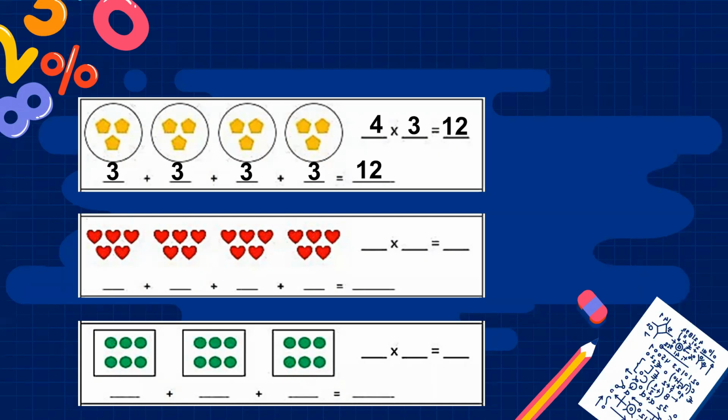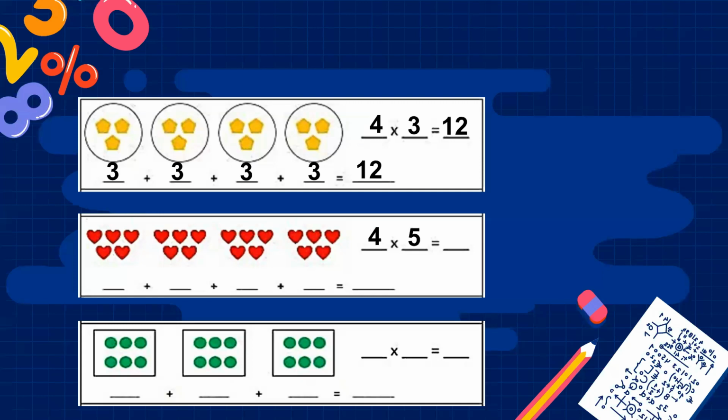Good job. Okay, next, let's call on SR. Number 2, we have how many groups of hearts are there? 4. Okay. How many hearts in each group? 5. Okay.